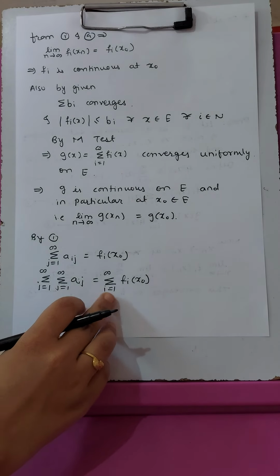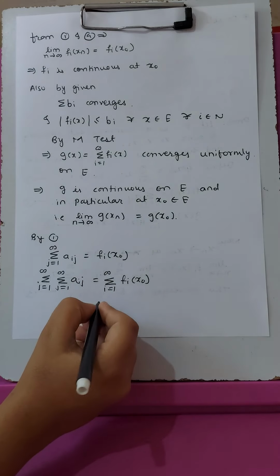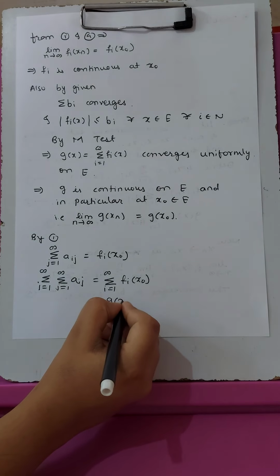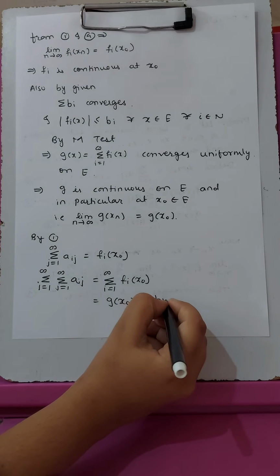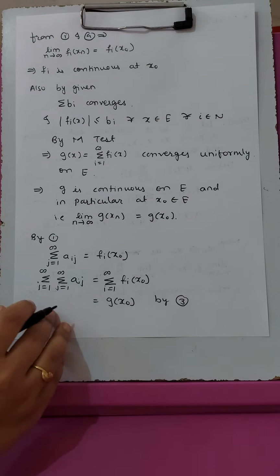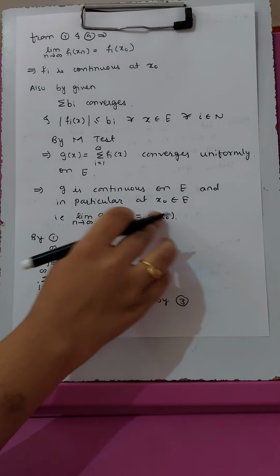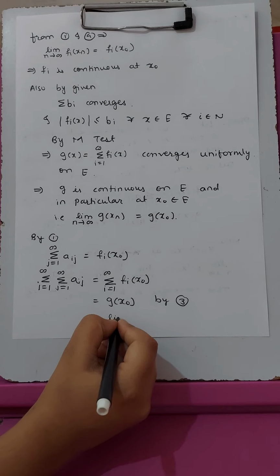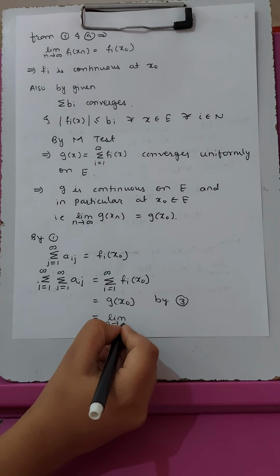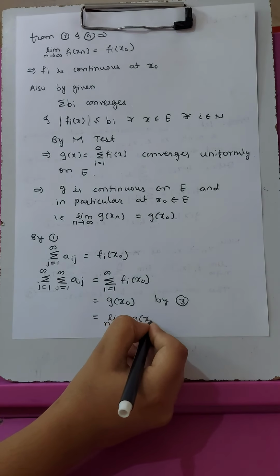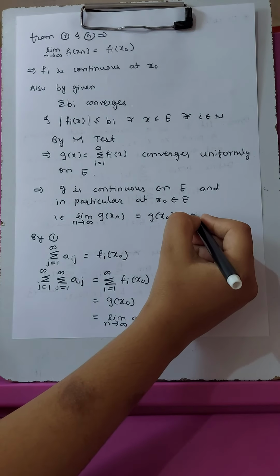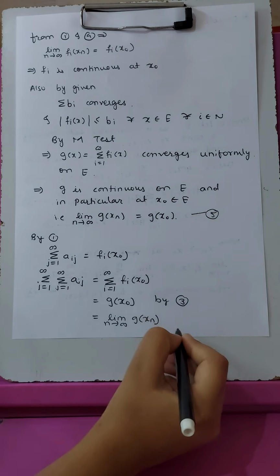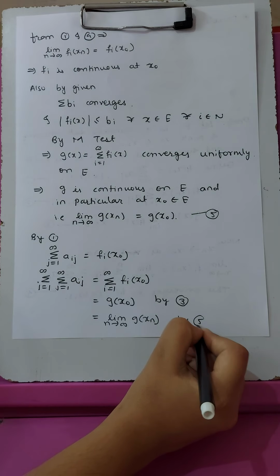We know this summation i from 1 to infinity fi of x0 is g of x0. This is by 3, and this g of x0 is equals to limit n tends to infinity g of xn. We will number it as 5. So this is by 5.